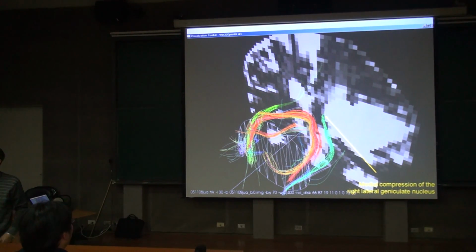Do you know optic tract? 视觉神经, optic tract. And this is a patient who has a tumor over here. So this white region is the tumor. And you can see the tumor compresses the optic tract over this place. This place has a particular name. It's called the geniculate.